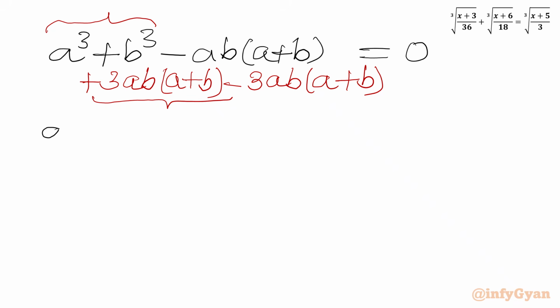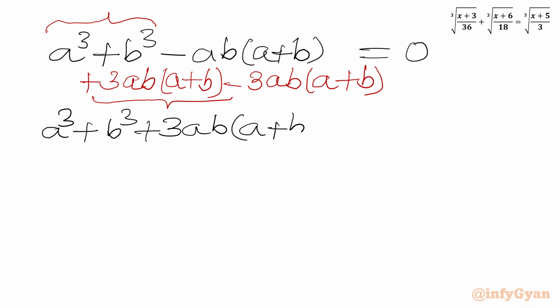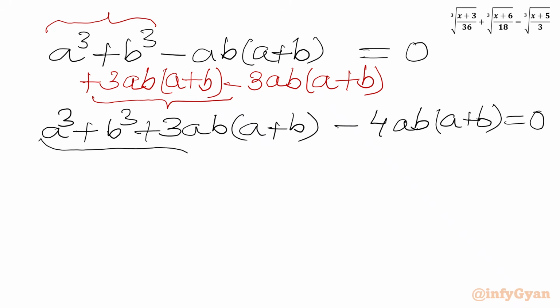So we can write a cube plus b cube plus 3ab, a plus b. Then we will write minus ab, a plus b, minus 3ab, a plus b. We can write minus 4ab, a plus b equal to 0.